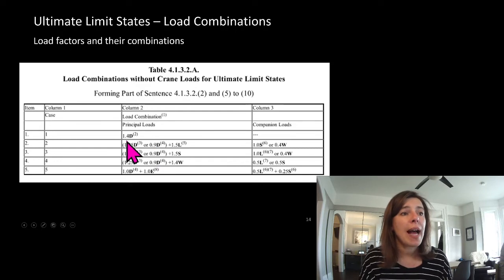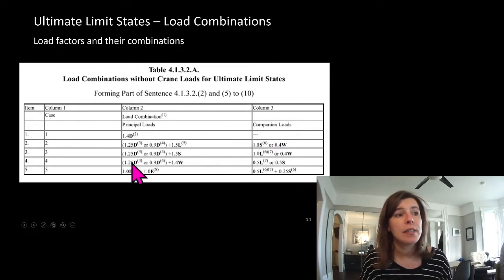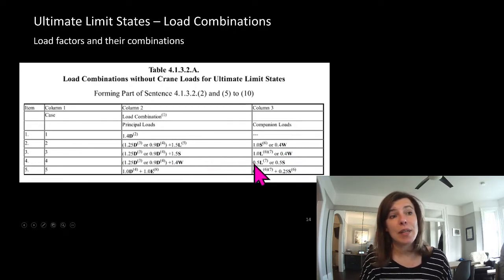So we could have dead load all by itself, dead plus live plus snow, dead plus live plus wind. Dead plus snow plus live, dead plus snow plus wind. Dead plus wind plus live, dead plus wind plus snow.